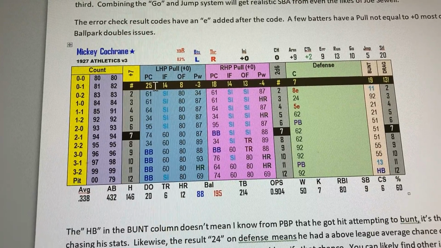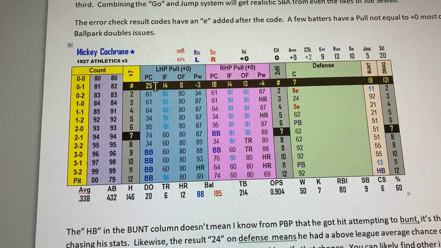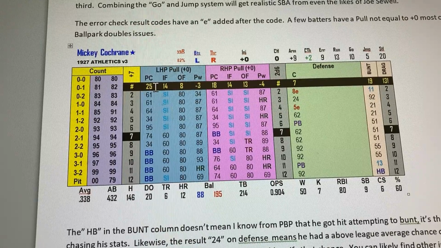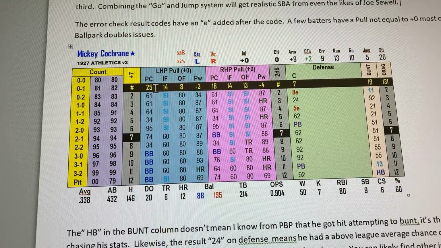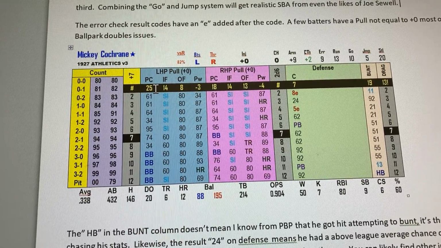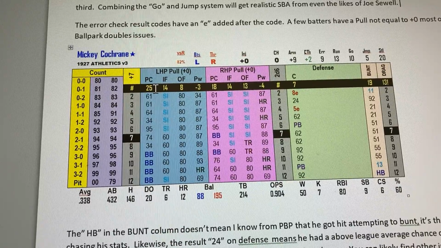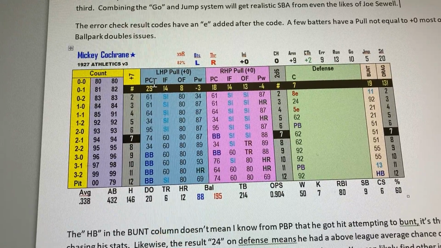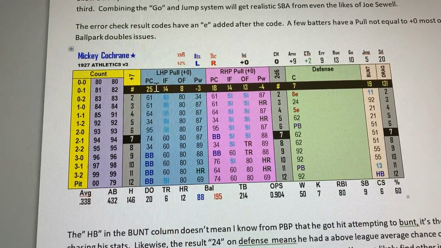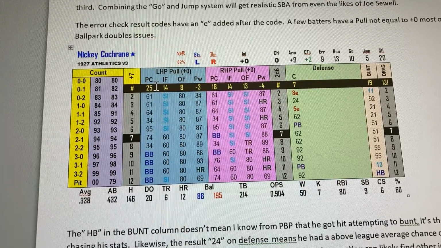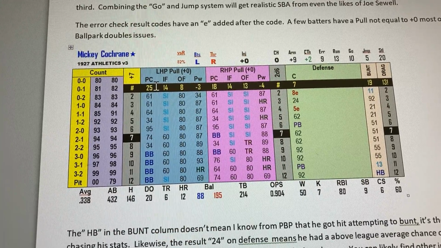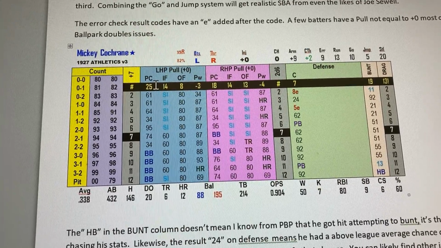I mentioned before that I exceeded the cap of the company's range ratings of various settings. Usually it's 20. You can see Mickey's PC, or pitch command and control rating, here exceeded that. He's at 25 in that case.